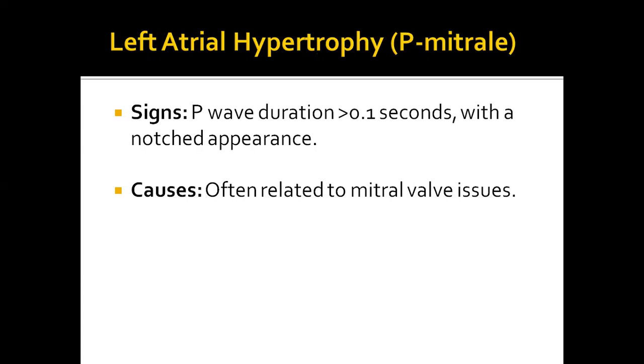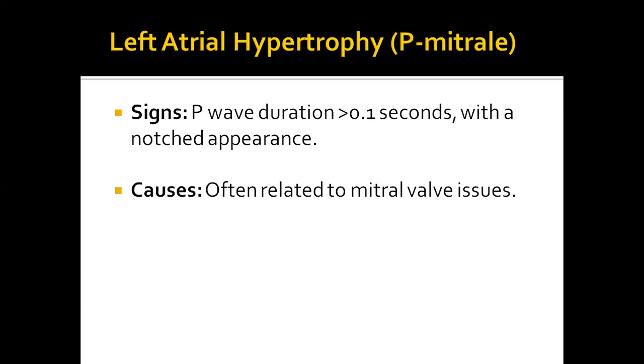Left atrial hypertrophy, or P mitrale, is typically caused by conditions such as mitral valve stenosis or hypertension. The main ECG indicator is a prolonged P-wave duration exceeding 0.1 second.